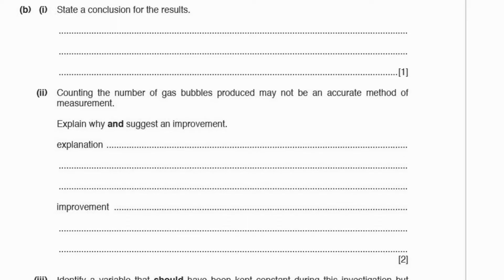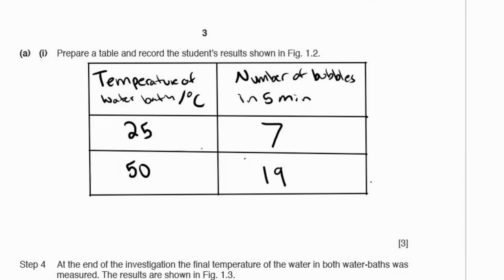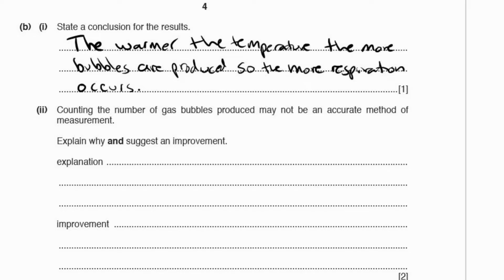B1. State a conclusion for the results. Okay, so what we can see is that as the temperature has gone up, so did the number of bubbles produced, and that's because of respiration. So respiration increased as the temperature went up. So the warmer the water, the more bubbles are produced, so the more respiration has occurred.